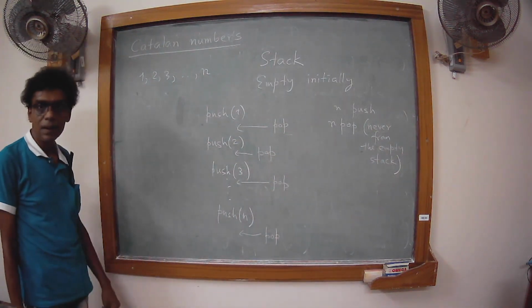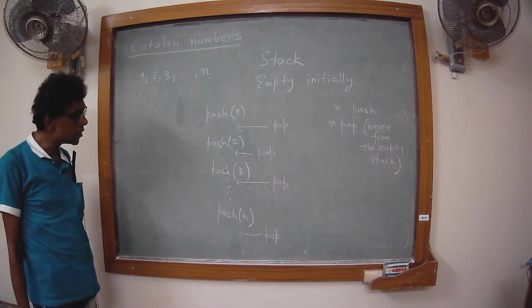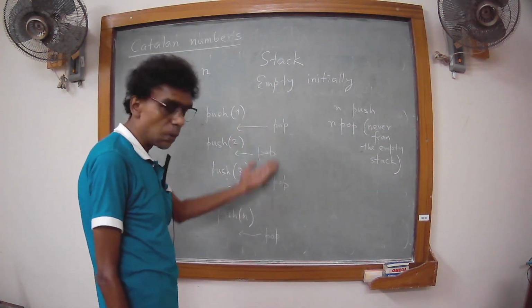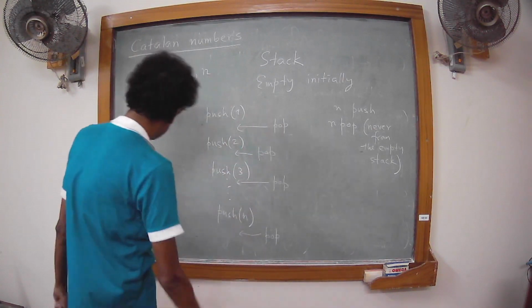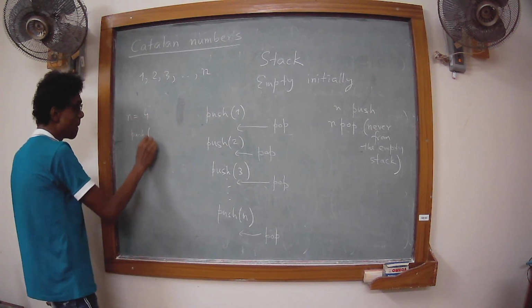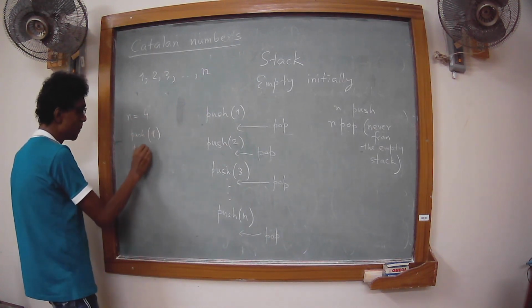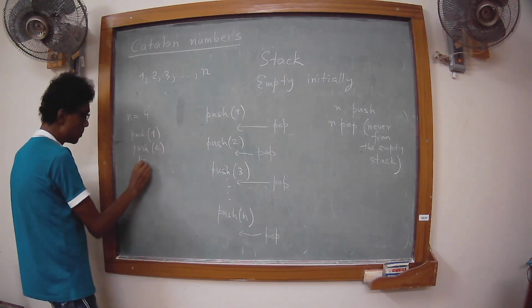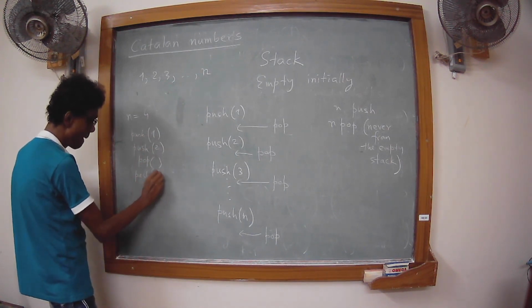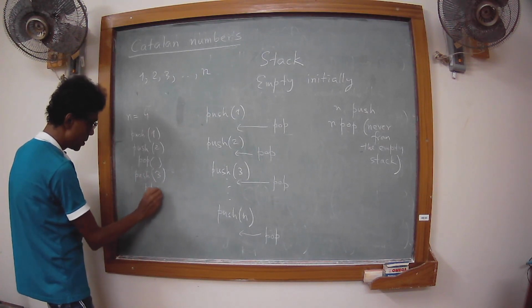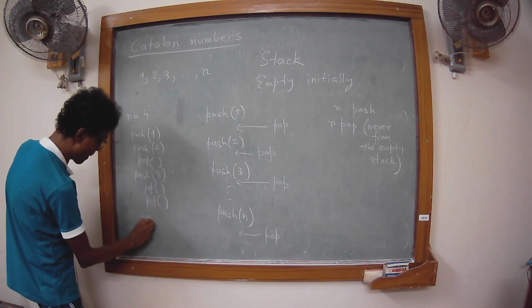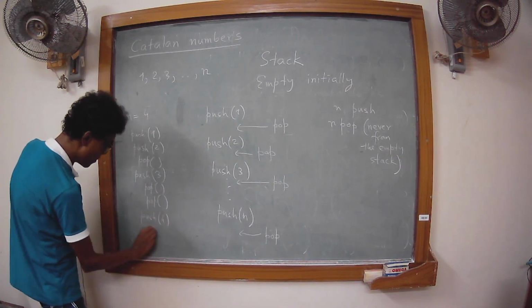Now, you just print whatever you pop in the sequence. For example, if n is 4: push 1, push 2, pop, push 3, pop, pop, push 4, pop.